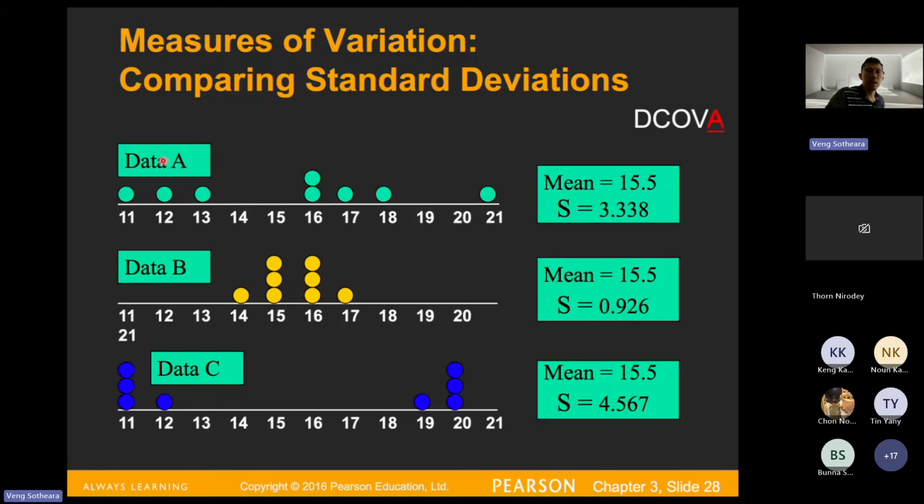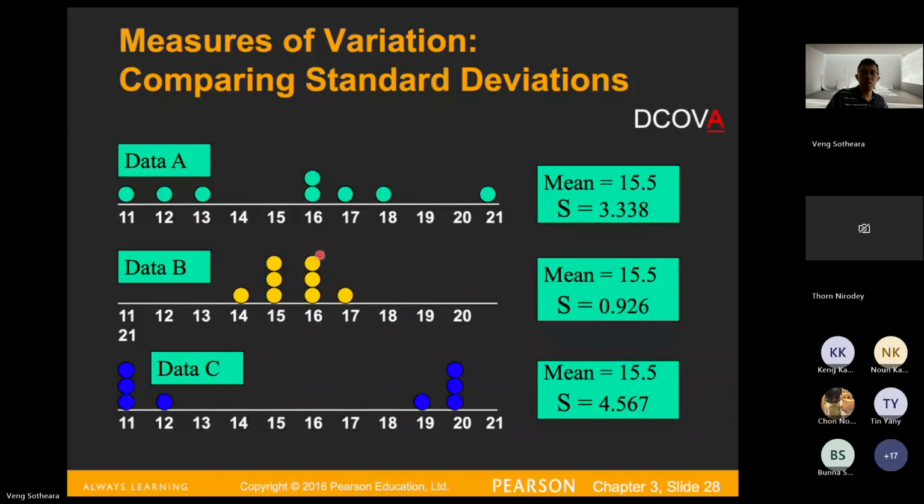For example, data A, we have 11, 12, 13, 16, 17, 18, 21, and this is how they spread. In the second group, the youngest is 14, 3 of them are 15, 3 of them are 16, and the oldest one is 17. And look at the third group.